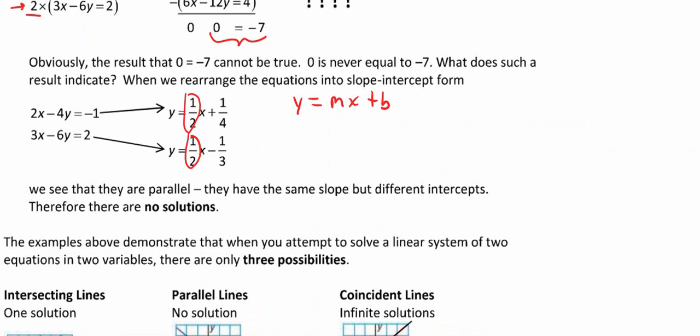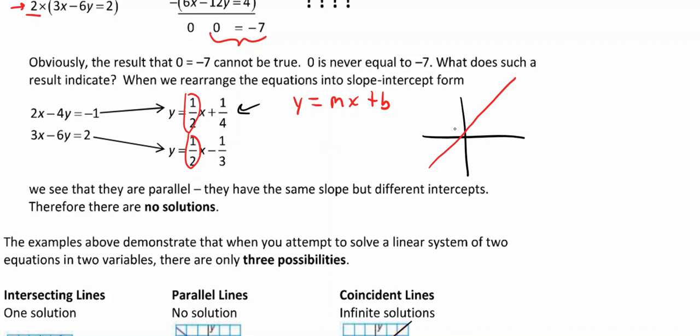What you can imagine here is our two lines. I'll sketch these graphs quickly. The first one would go up like that.